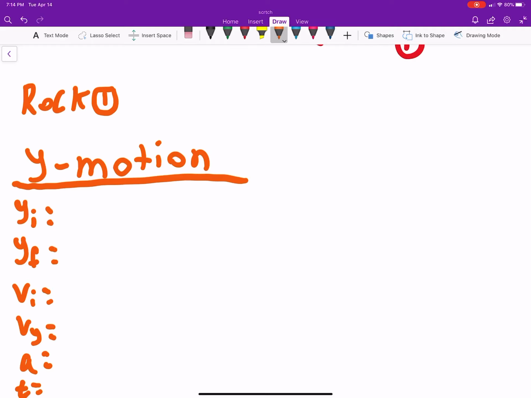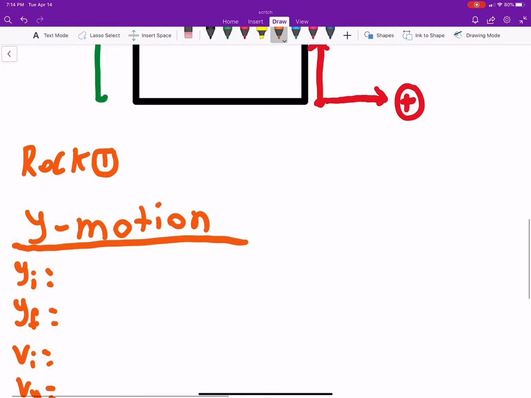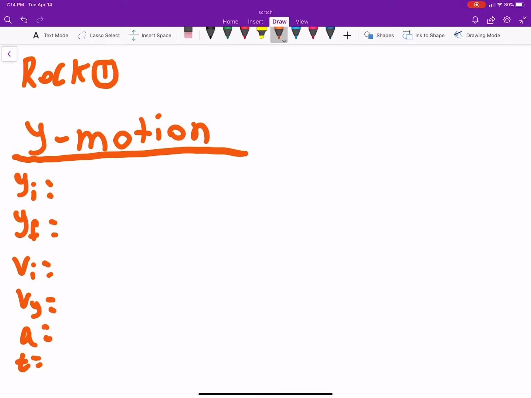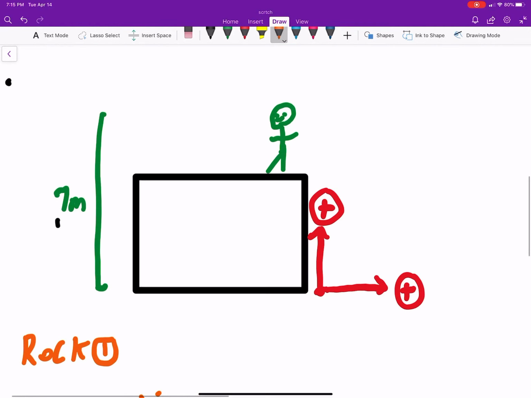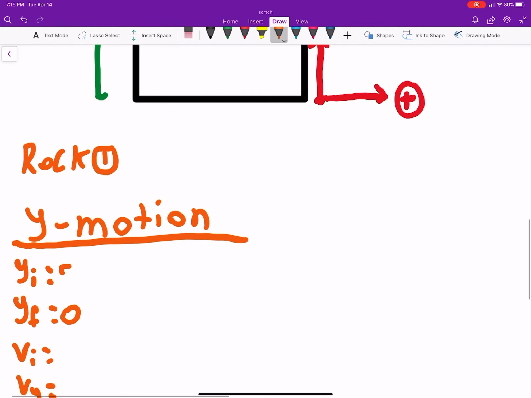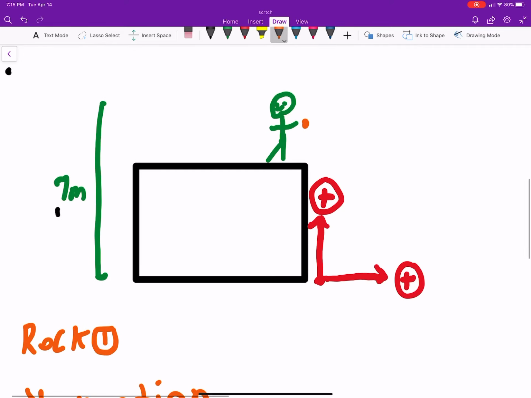Which one of these do we know? Well, they're both going to hit the ground. So your Y final is 0. And he's initially throwing it up from where he's at, so your Y initial is 7. Hopefully that makes sense. The rock starts here.